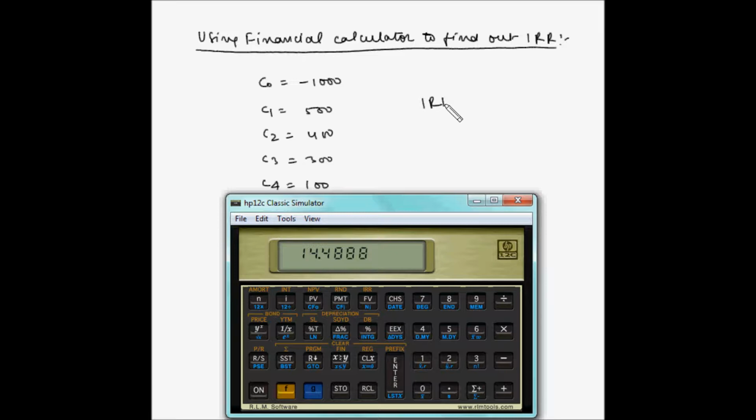So IRR for project S comes out to 14.48 or 49. And the value that we got through our calculations was 14.493. It was very close. So this is how you can find out IRR using the formula method and the financial calculator.